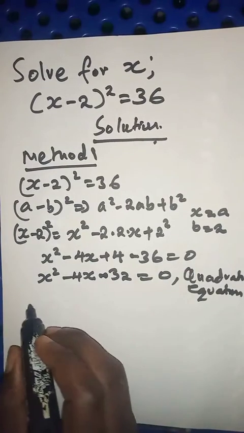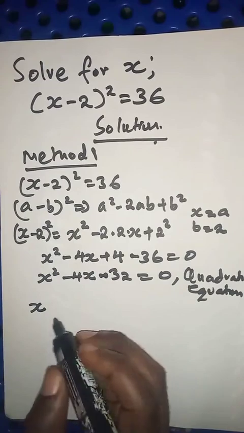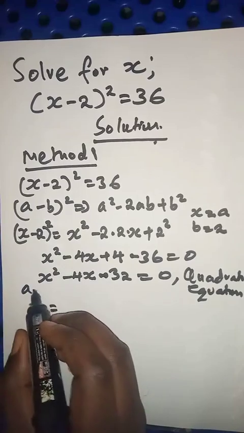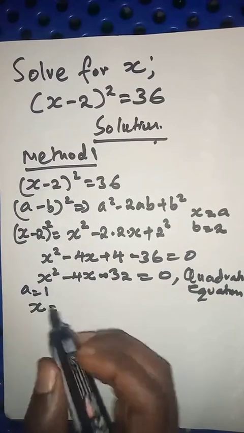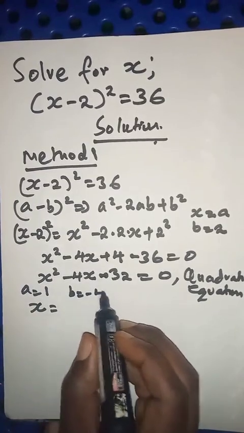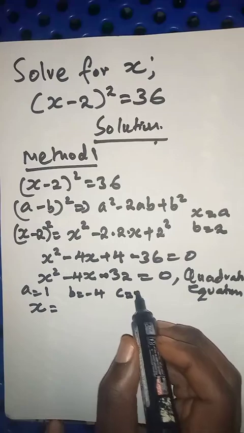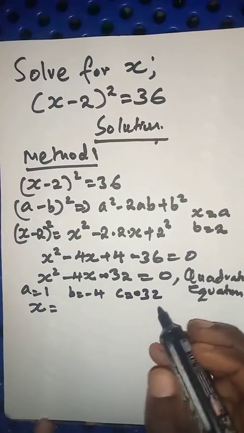Given that for me to find the value of x, I'm going to take, since a is equal to 1, the coefficient of x squared, b is equal to negative 4, and c is equal to negative 32.